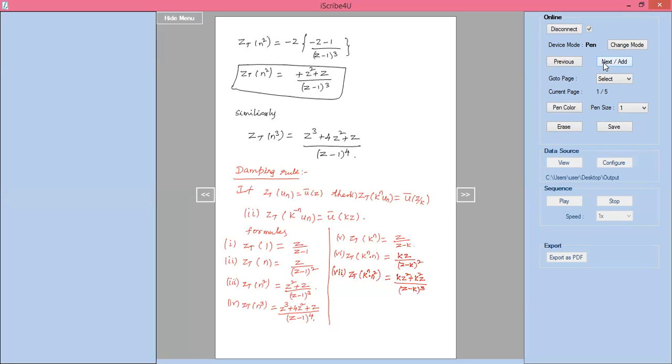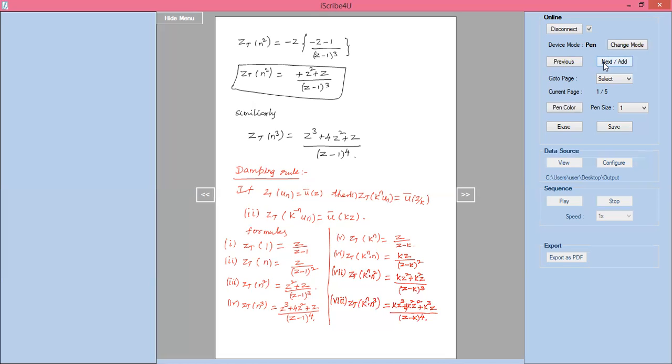Next, the Z transform of k power n into n cube is kZ cube plus 4k square Z square plus k cube Z divided by Z minus k whole power 4.